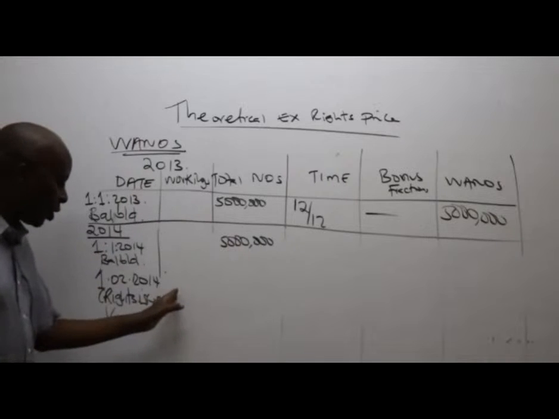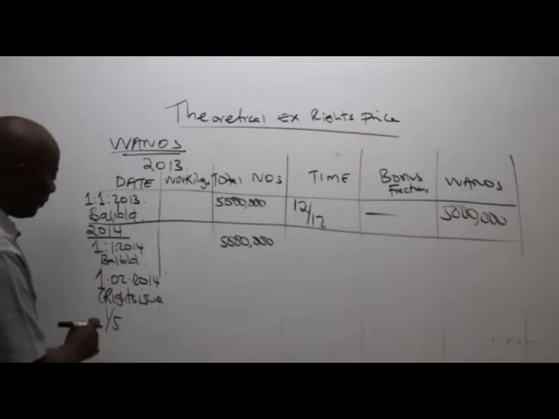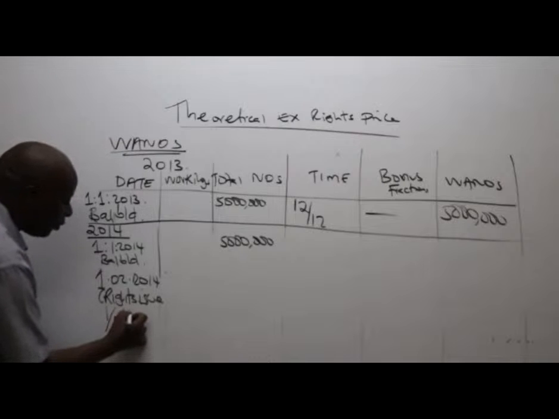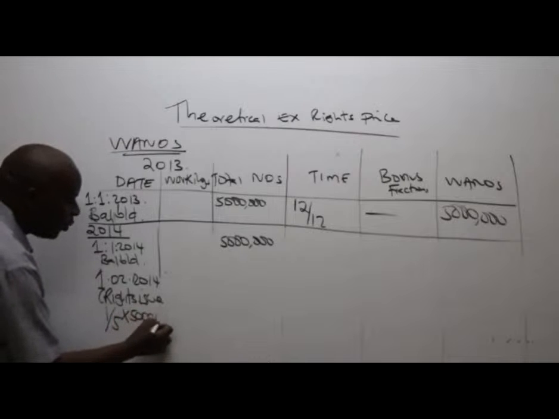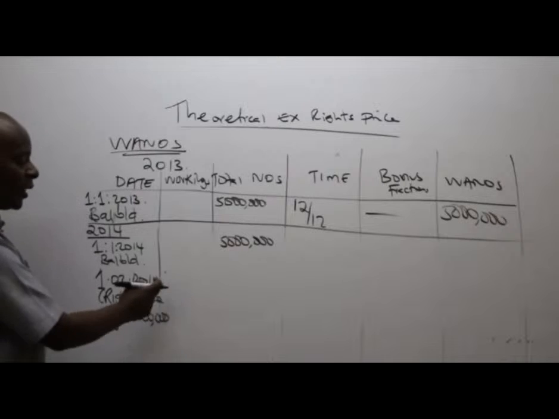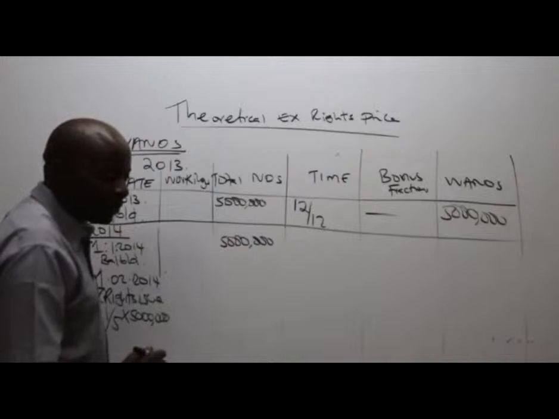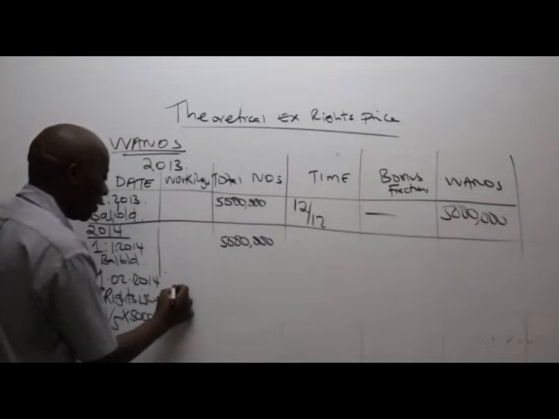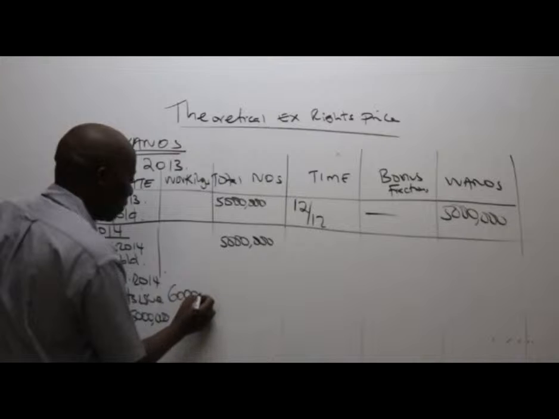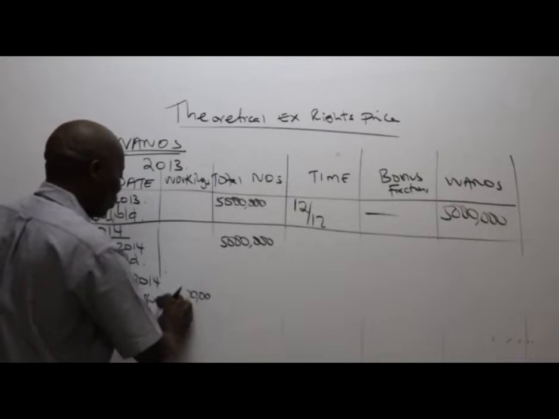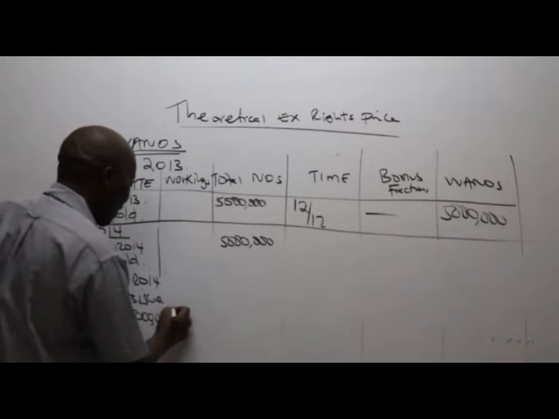If you wish, you can use this column over workings, but if I'm the one doing this, I'll come and talk of 1/5 of 5 million, which gives me how many shares here, somebody? 6 million shares. Are they 6? No. 1 million.